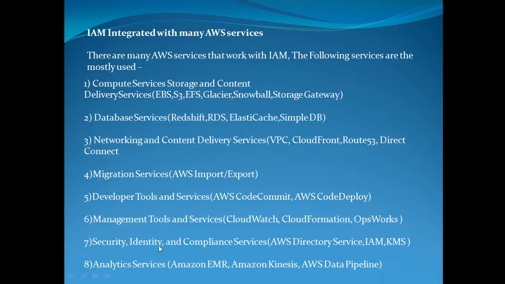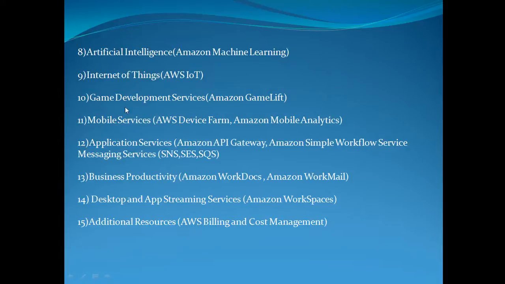Then security, identity and compliance services are your AWS Directory Service, IAM, KMS, that is Key Management Service, and then analytics services, that is Amazon EMR, Amazon Kinesis, and AWS Data Pipeline. Then artificial intelligence, like Amazon Machine Learning.